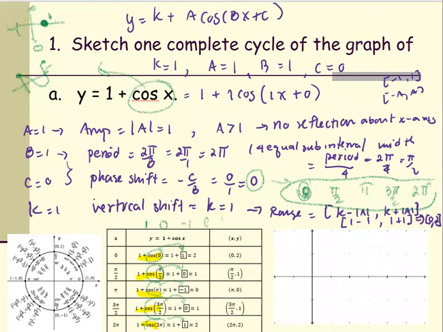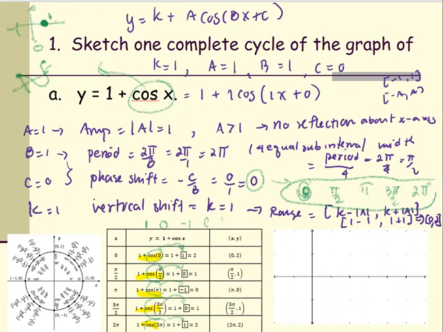That's what you fill in the box. After that, you put them together in ordered pair form: (0, 2), (pi over 2, 1), and so forth. Then we sketch the graph by plotting the ordered pairs on the xy plane.